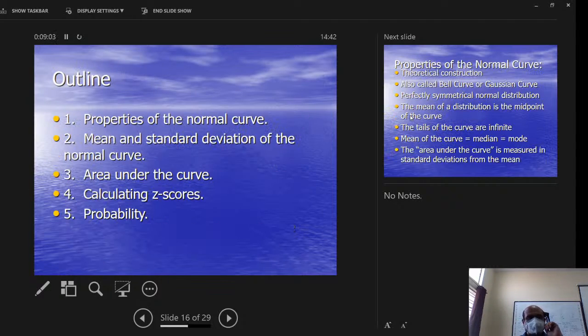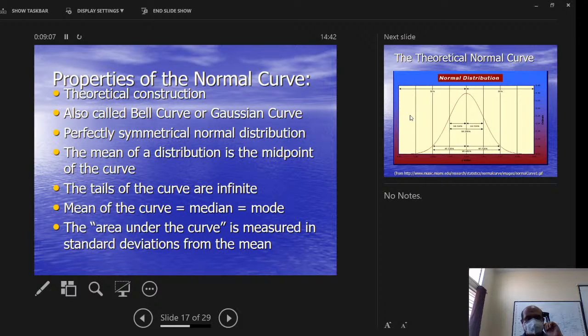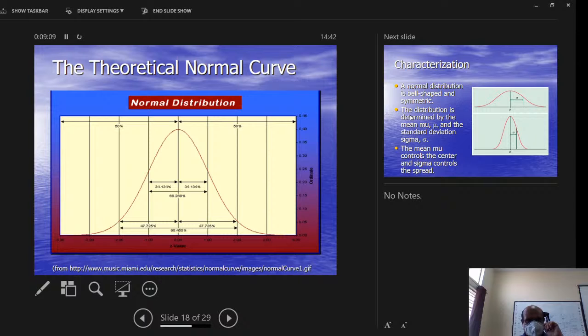Anyways, I'll get a better presentation. This is too theoretical. So theoretical normal curve, I don't know what it is. Theoretical, it's a normal curve.